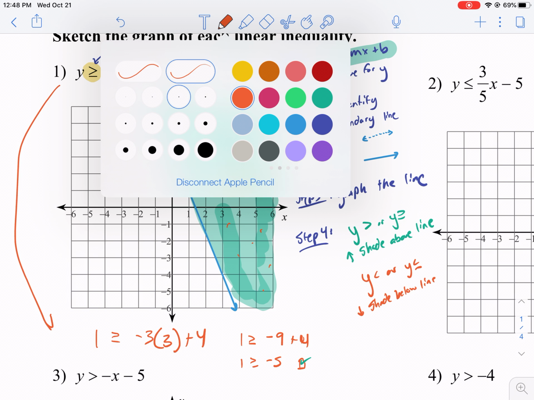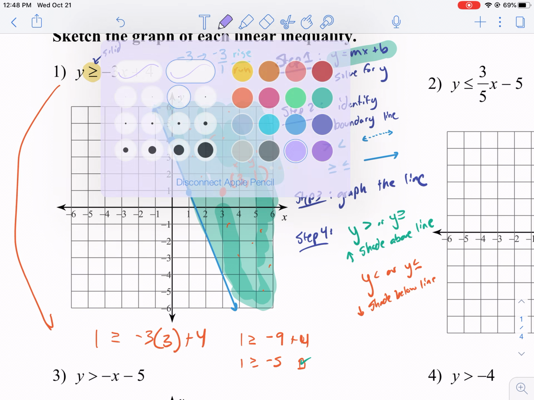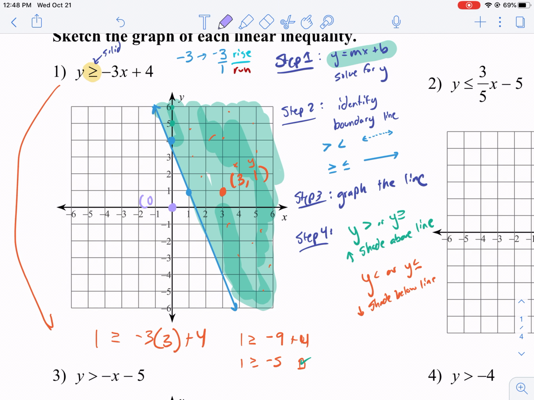Let me show you, for example, let's use purple. This point here, that's (0, 0). That's one of the easiest points to test. You might have your teacher say such things as testing a point. That's what they're talking about. So we have y is, plugging in 0 for y: 0 is greater than or equal to negative 3 times 0 plus 4. So we get 0 is greater than or equal to 0 plus 4.